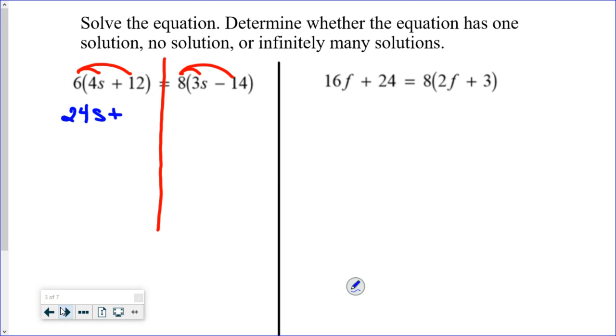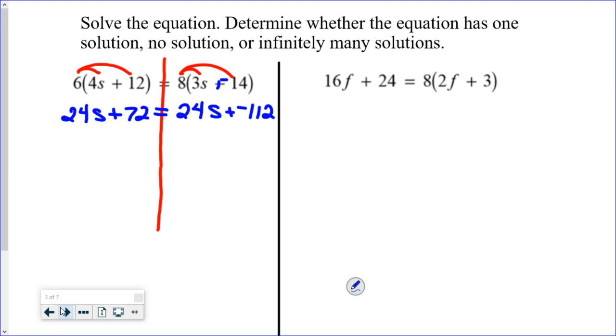If you need to, put that in your calculator, and I get 72. And I get another 24s, and I'm going to do the keep change. 8 times 14 is negative 112 because that 14 was negative.